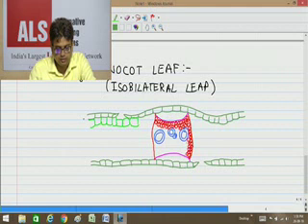Okay, like this. The rest of the space you will fill it with cells like this.